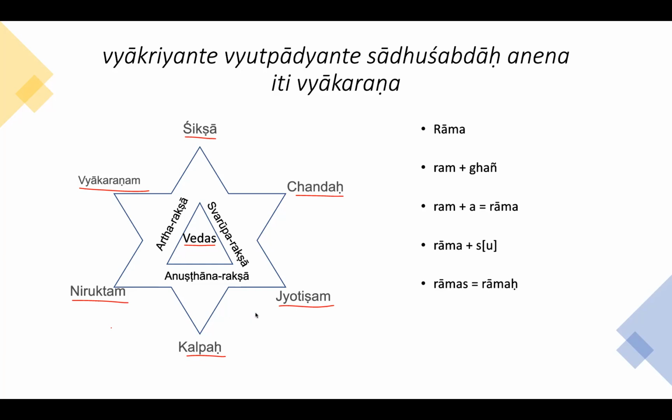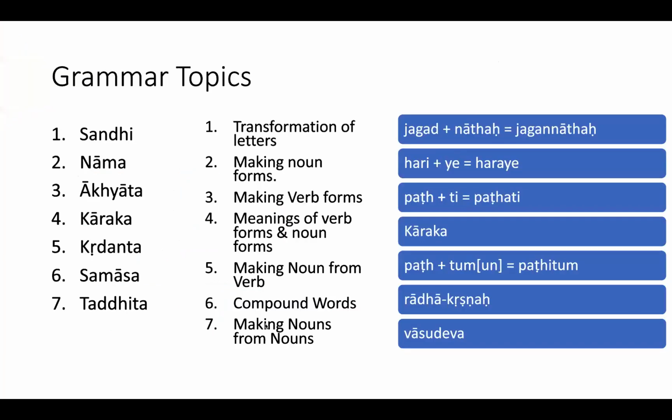Okay. So now, grammar topics. Don't read through everything. It will be very confusing for you. So on the left-hand side, you can see you have 7 topics listed out here. These are the 7 topics that form the Vyakarana.